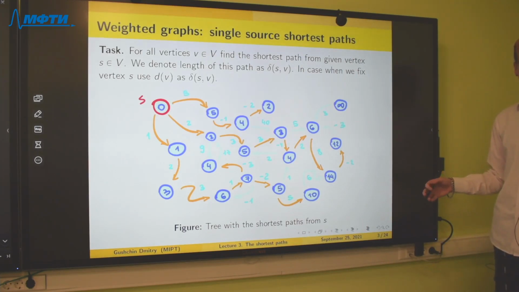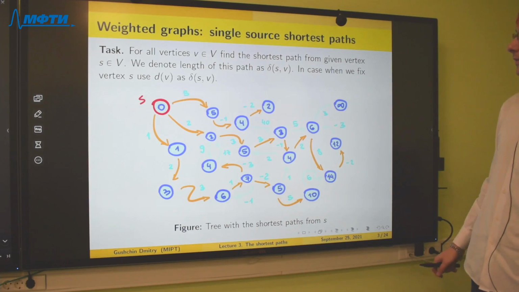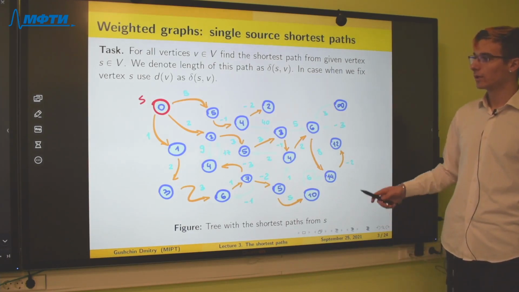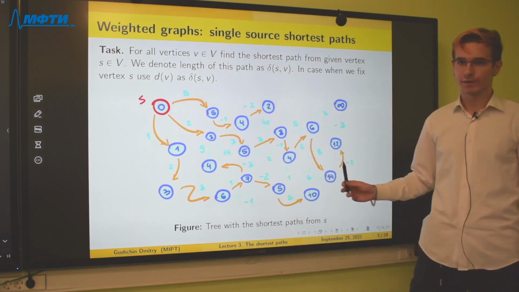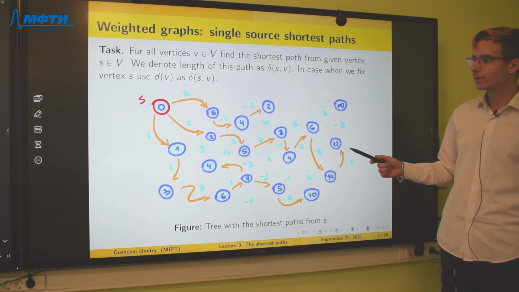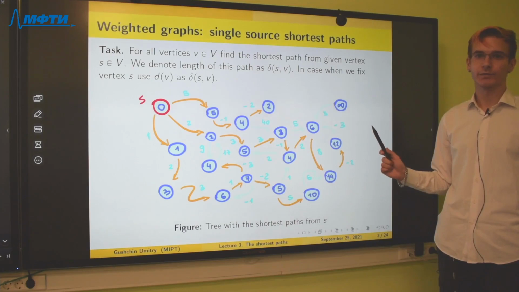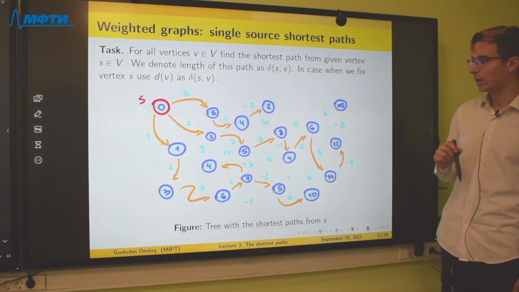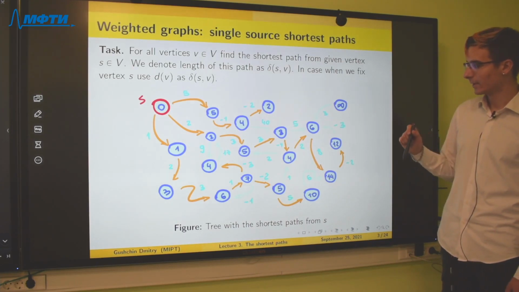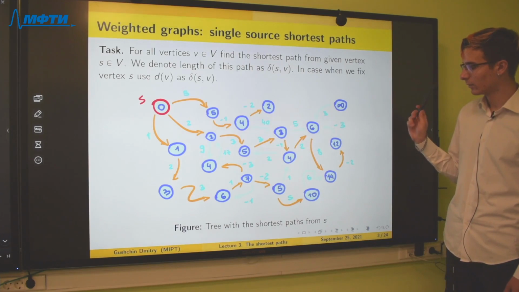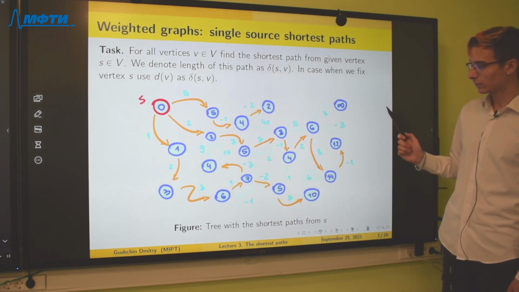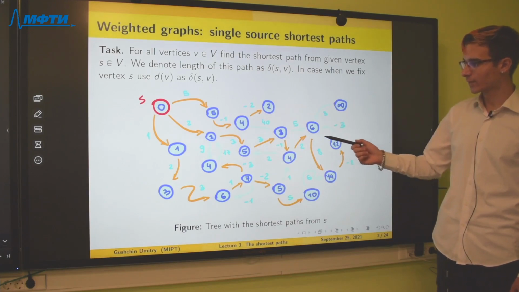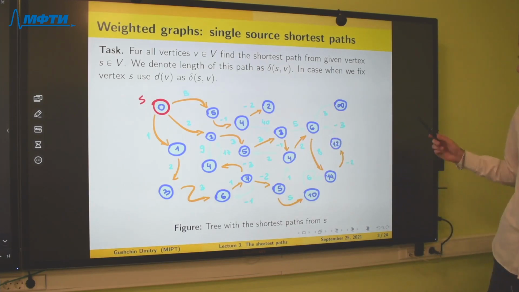So of course, if we want to find the shortest path between a given vertex S and other vertices, we can find a tree of the shortest paths. And we will find algorithms that have as a result a tree of the shortest paths.